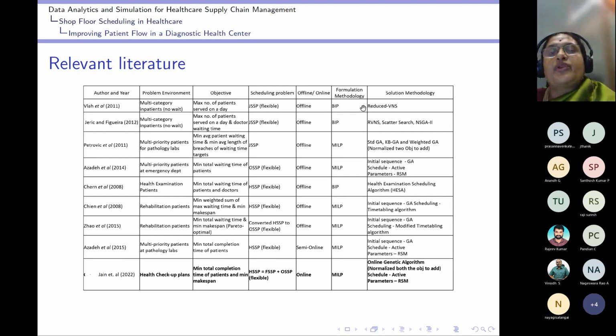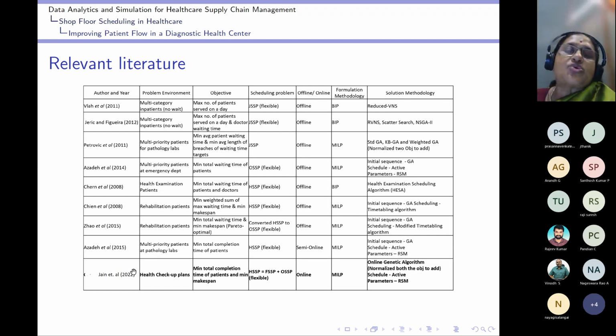They formulated it as a BIP and used a variable neighborhood search method to solve it. All these problems listed here looked into the offline setting, that is, not an online environment. Most are either BIP or MILP, and the solution methodologies have been variable neighborhood search methods or genetic algorithms.